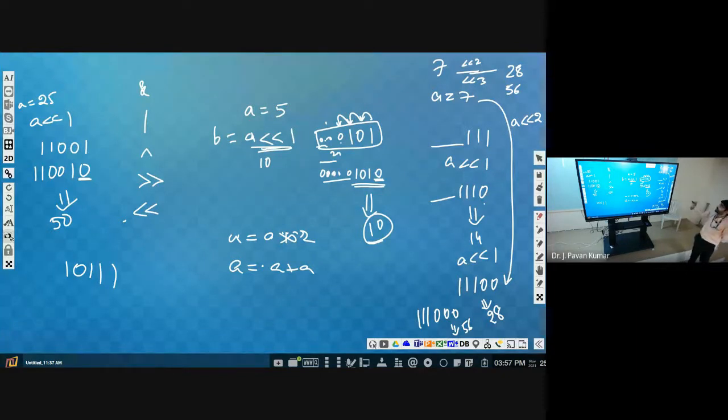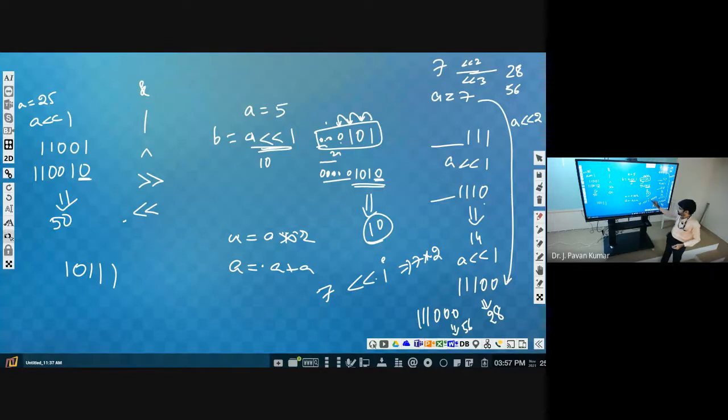Now can you generalize it? Whenever we left shift this 7 by I bits, I number of times, what will be the result? 7 into 2 power something.